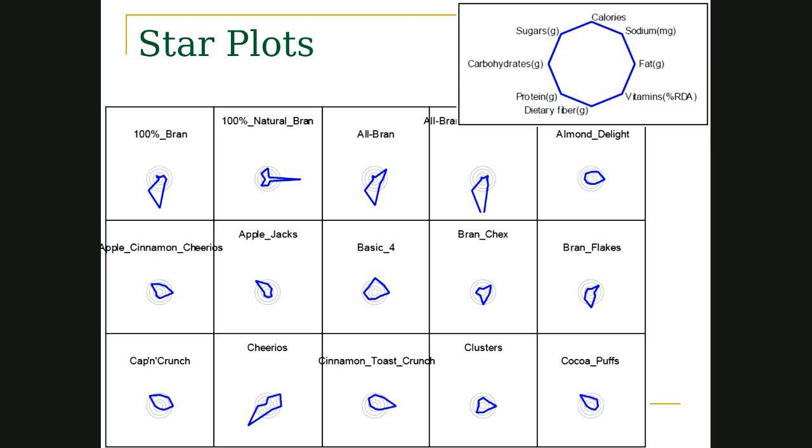Again, this one doesn't really have the axes drawn. You can see they're missing, but they are labeled, and many times they have to have a label for you to understand what they're representing. So this is a cereal data set. And for 100% Bran, you can see how that looks. You can guess that it has a lot of fiber because it goes down a lot, not a lot on the top area.